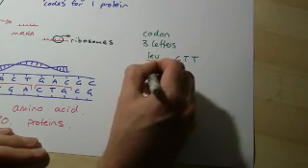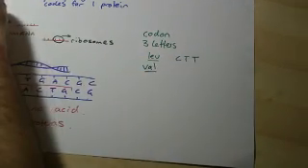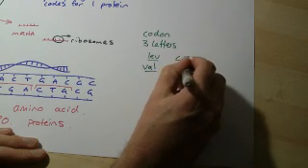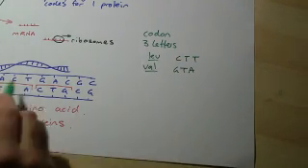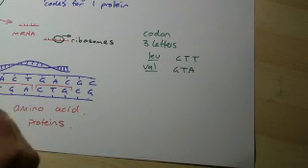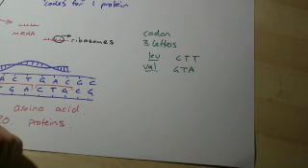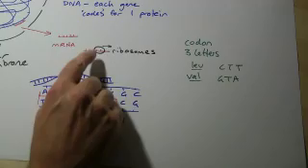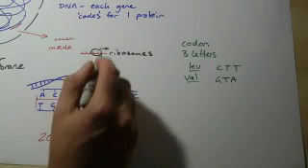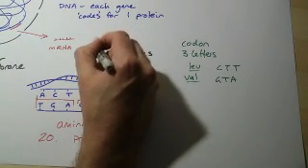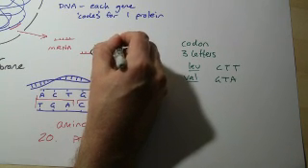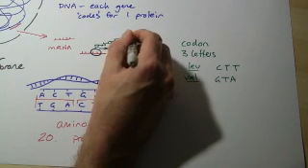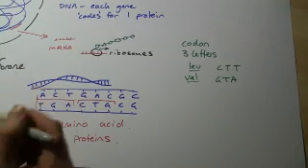We'll call valine, and the code for valine would be, there are several, GTA for example. So each of these 3-letter codes tells you to put in a particular amino acid. Back to this ribosome then, what it does is it assembles amino acids in the correct order, depending on what the code was along this RNA.